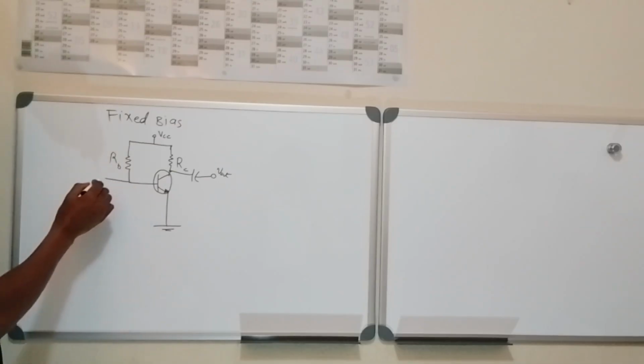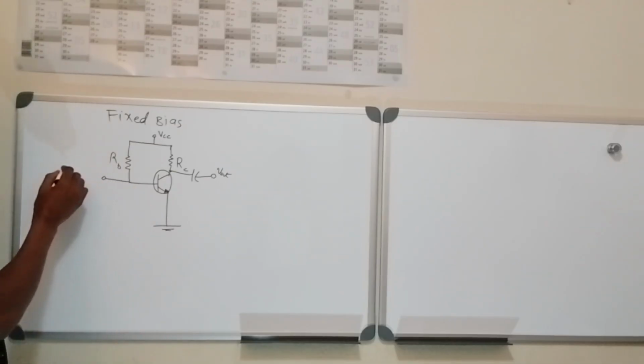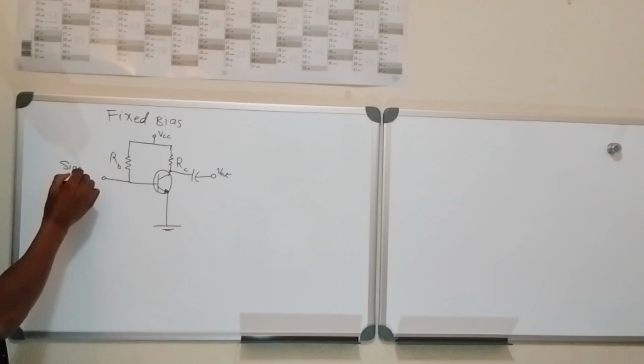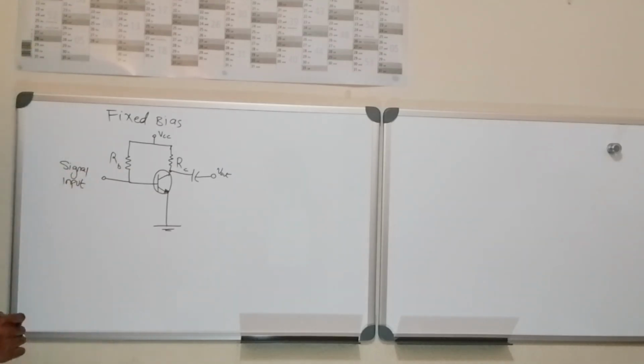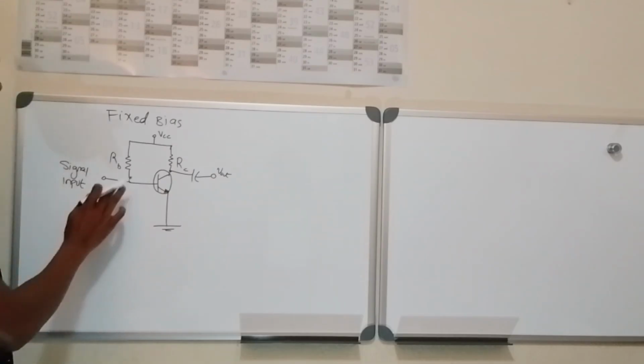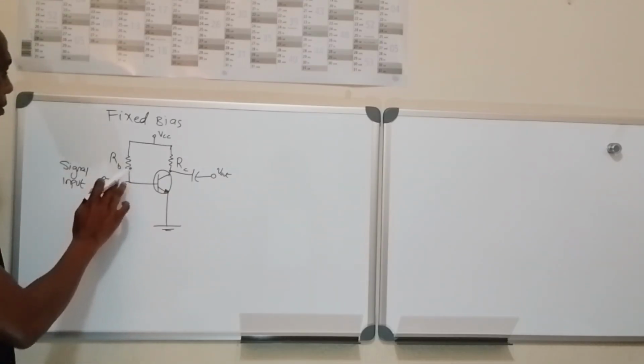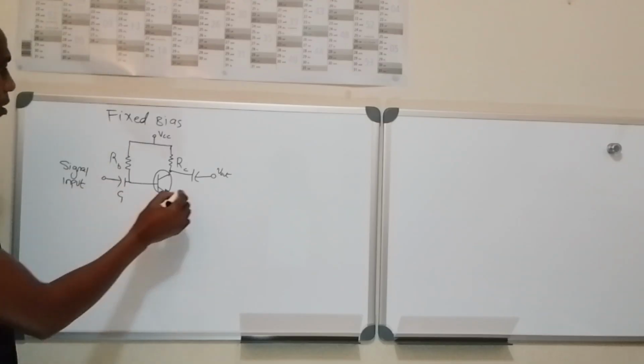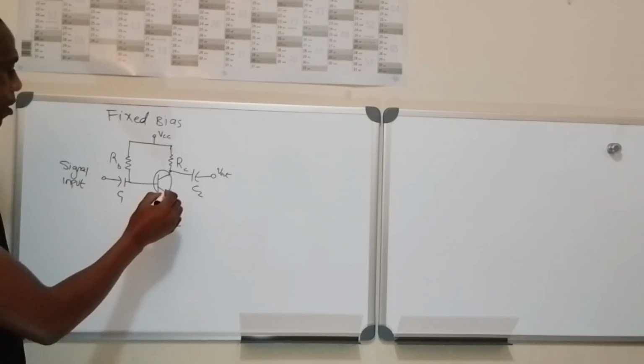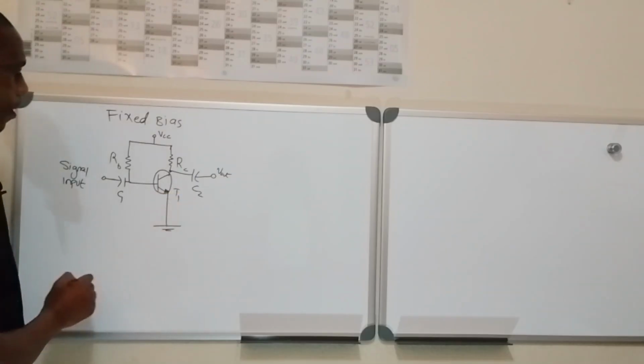You're going to connect your signal here. This is your signal input. We must put a capacitor here as well. I'm going to call this C1. I'm going to call this one C2. Transistor 1.